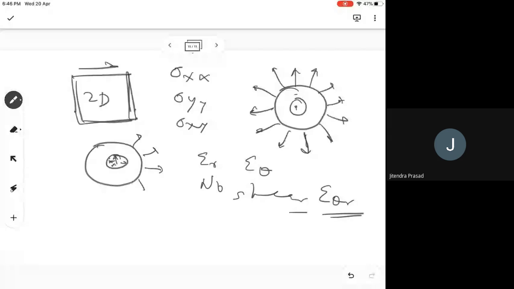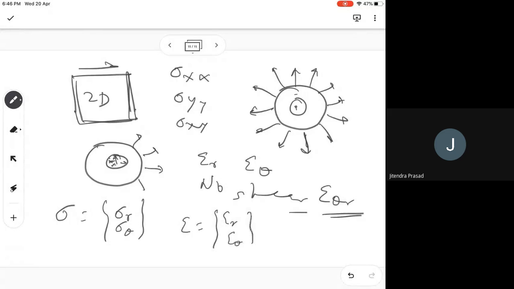So hence you end up with sigma, which will have sigma r and sigma theta only, and similarly epsilon will be epsilon r and epsilon theta, and therefore D will also be some different thing. I mean 2 by 2 only. So as given in your example problem, it is a new one.